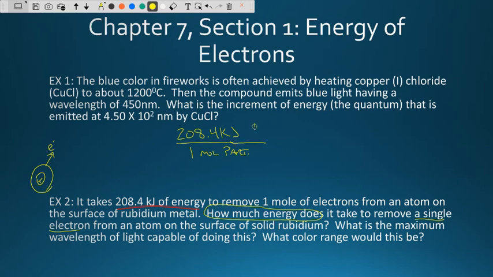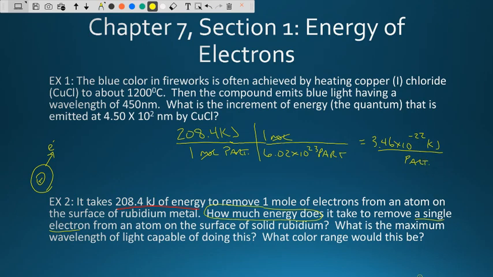And I know that 1 mole of something is 6.02 times 10 to the 23rd particles. That's Avogadro's number. Okay, so I've gotten rid of a mole's worth. And so what I end up with is 3.46 times 10 to the negative 22nd kilojoules required for every particle. Again, we're referring to electrons.